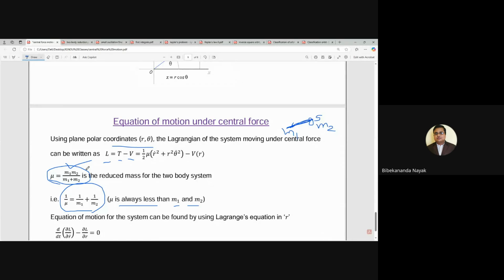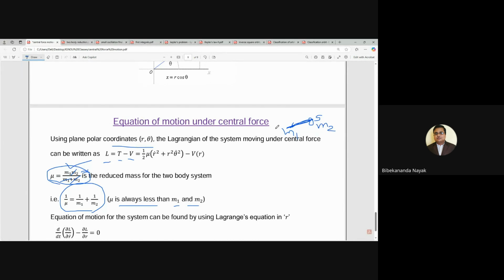So if m2 is much larger than m1, when we add, m1 can be neglected. So finally mu is equal to m1. If one is heavier, then reduced mass equals the mass of the light object.